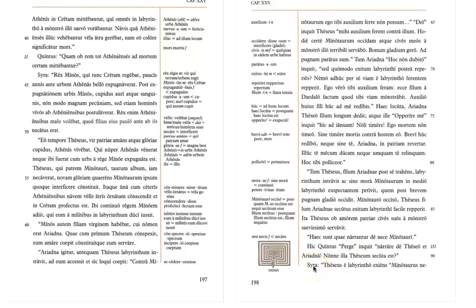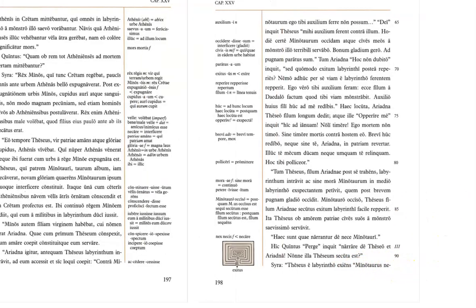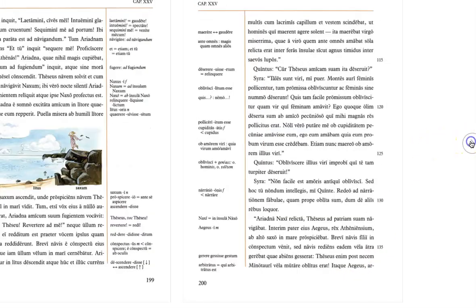And then Syra says, Theseus, literally exiting from the labyrinth, Minotaurus, so here's our present participle, Minotaurus, and we need to turn the page here.